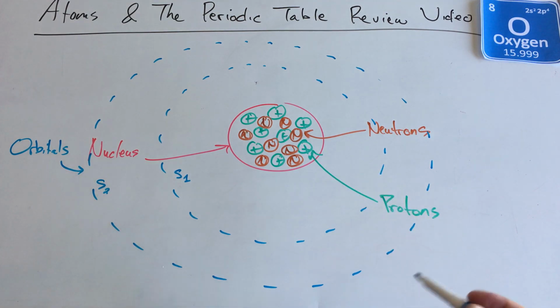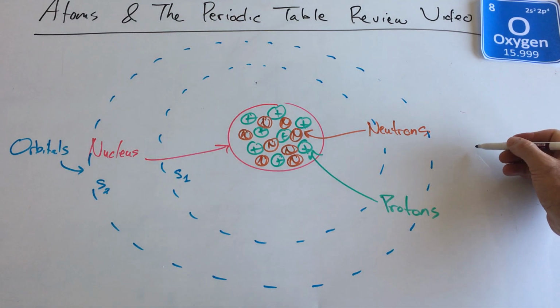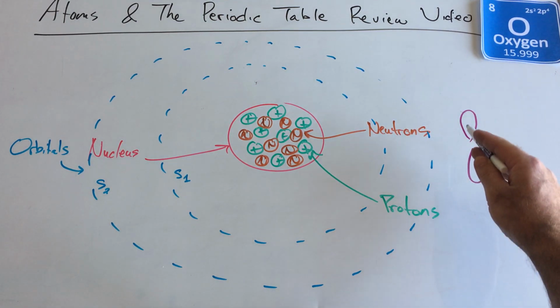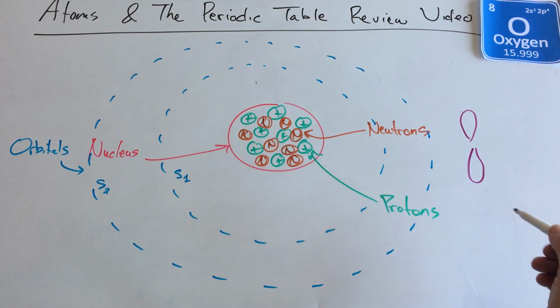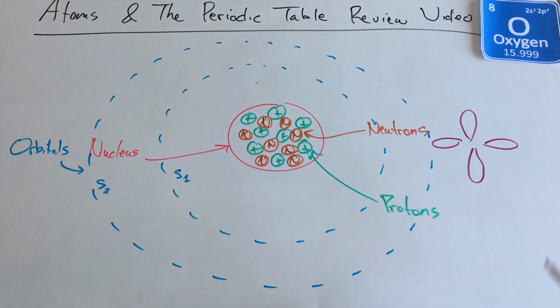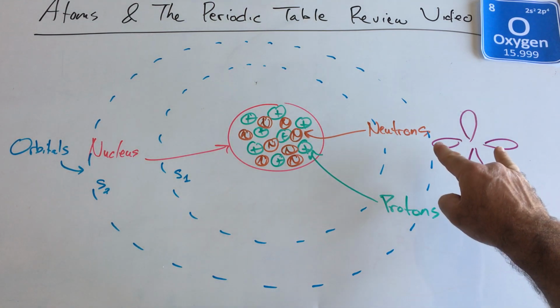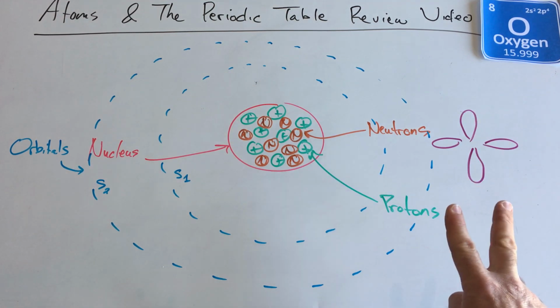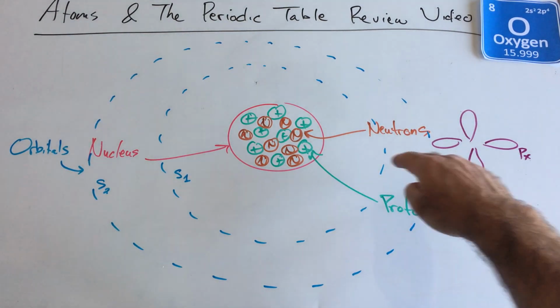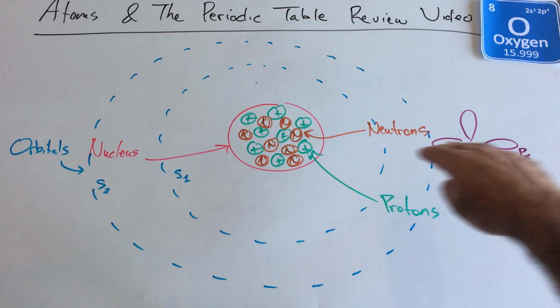Now the p orbitals. The p orbitals are like 2 teardrops. So their actual shape is kind of like that, and that would be considered one p orbital. And another p orbital would be that. So even though there's 4 teardrop shapes, there's only 2 p orbitals. Now, this is called px because it would go along the x-axis of a graph.